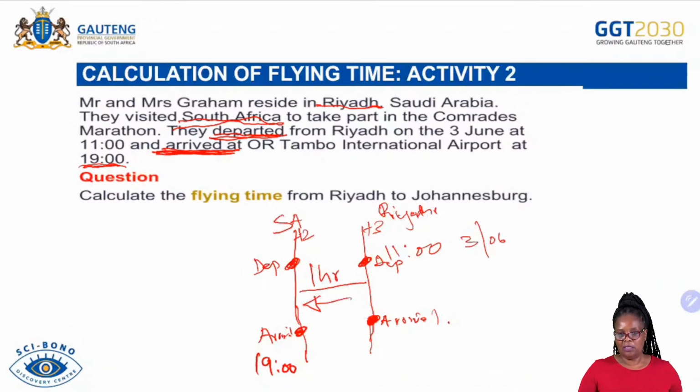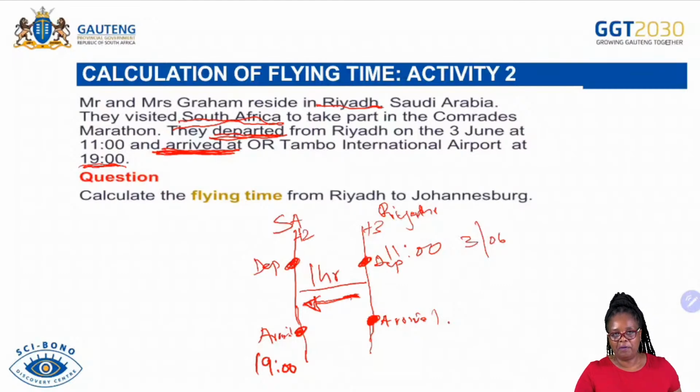I'm sure this is easy for you. They depart from here, Riyadh, on the eastern side, and they go towards the western side of the map to South Africa. So now, when you determine direction, it's from the east to the west.